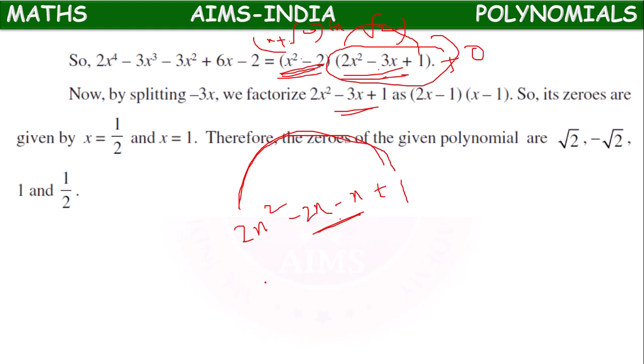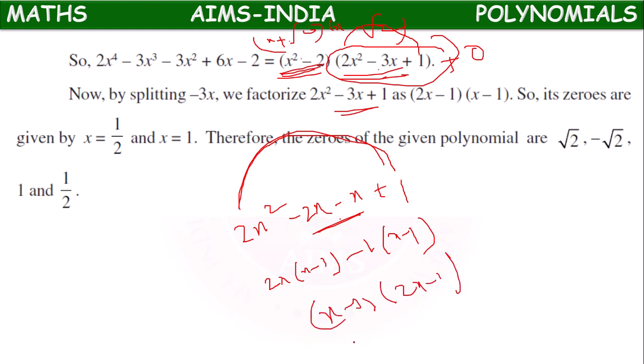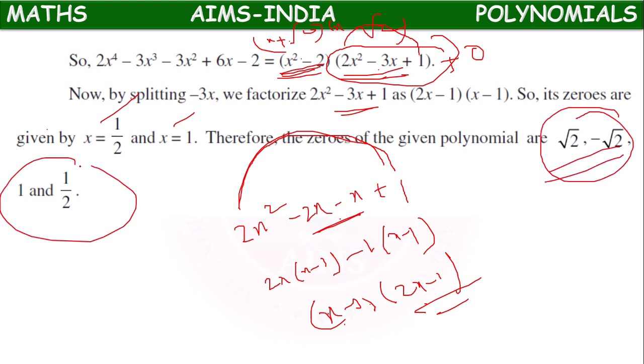Now we can take 2x common, x minus 1. We can take minus 1 common, x minus 1. Again x minus 1 common, 2x minus 1. So if x minus 1 is 0, x equals 1. If 2x minus 1 equals 0, x equals 1 by 2. So along with root 2 and minus root 2, we have 2 more zeros, 1 and 1 by 2. Like that we can find the zeros, children.